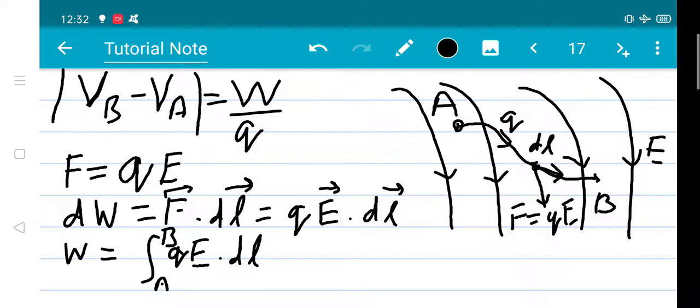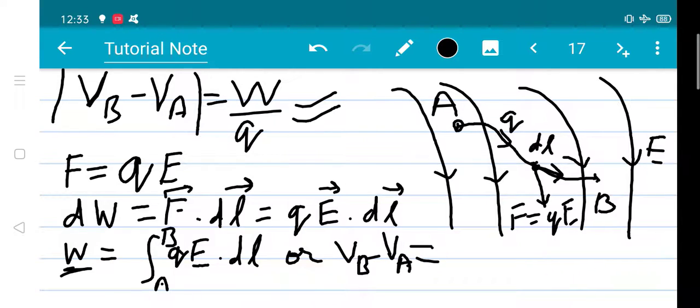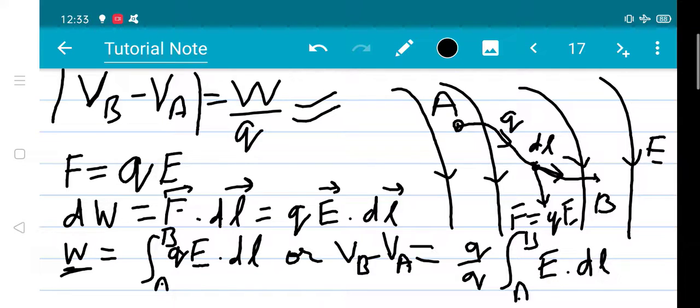Now using this equation here, we can say that VB minus VA, or change in potential between points A and B, equals Q upon Q, integral from A to B of E dot dl.